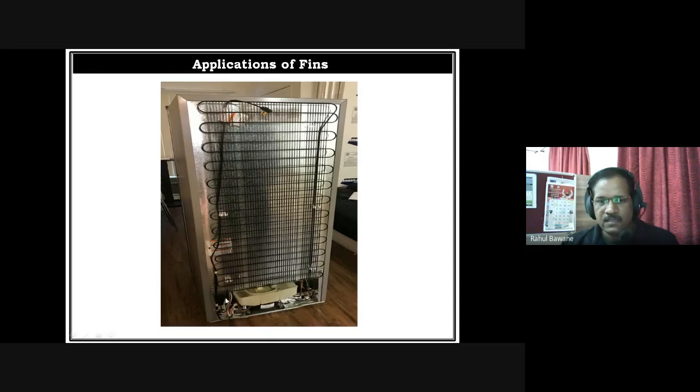So whenever the hot refrigerant passes through this condenser tube, it delivers heat to the vertical fins, and the surrounding air comes into contact with these fins and tube. So the overall surface area is increased, and it is sufficient to cool down the refrigerant. So these are some applications of fins.